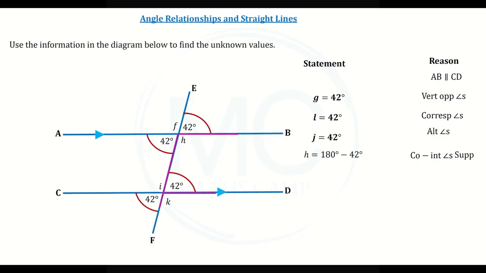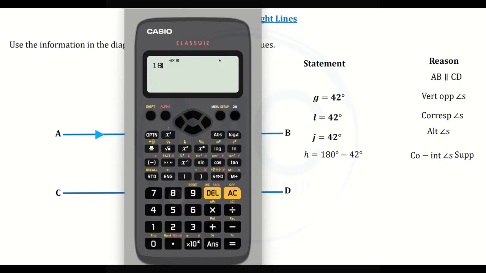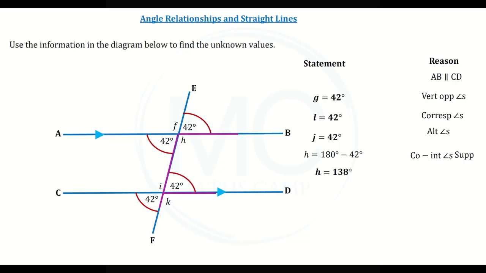Now let's find H. Let's take our calculator and we say 180 minus 42, and we get 138. This is the size of angle H. Now let's take out our purple F. Let's take H out. Let's fill in 138 degrees.